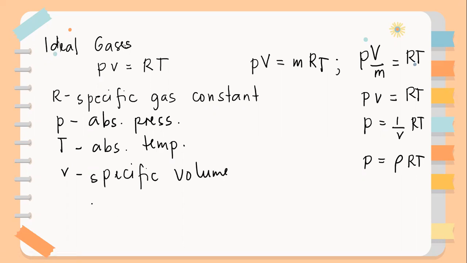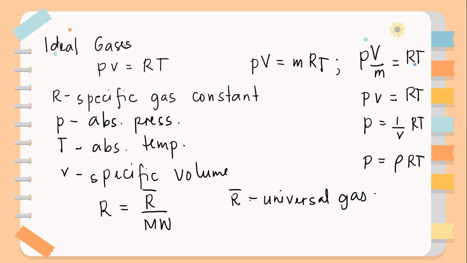Another formula, your specific gas constant is also equal to the universal gas constant over the molar mass or the molecular weight. R is the specific gas constant. R bar is the universal gas constant.